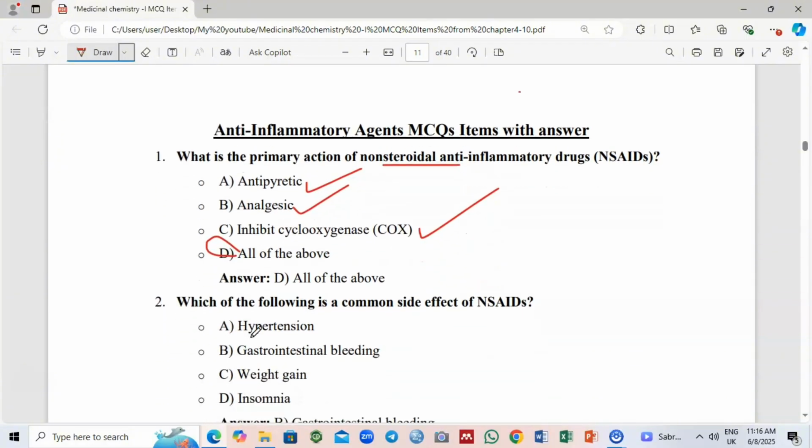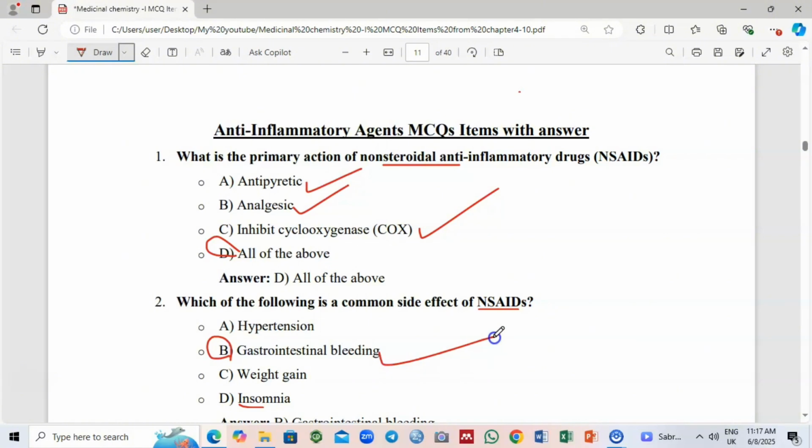Question number 2. Which of the following is a common side effect of NSAID drugs? A, hypertension; B, gastrointestinal bleeding; C, weight gain; D, insomnia or sleep disorder. As you all know, these NSAID drugs inhibit cyclooxygenase 1 and cyclooxygenase 2, and specifically cyclooxygenase 1 inhibition can be associated with gastrointestinal bleeding.